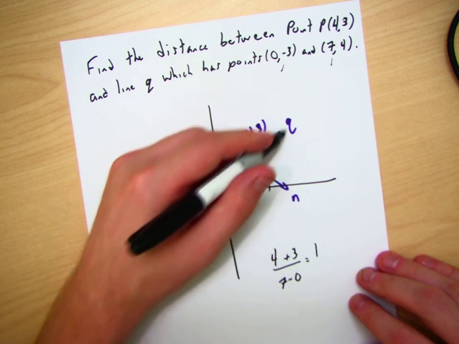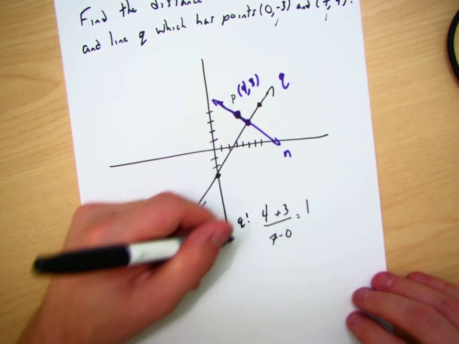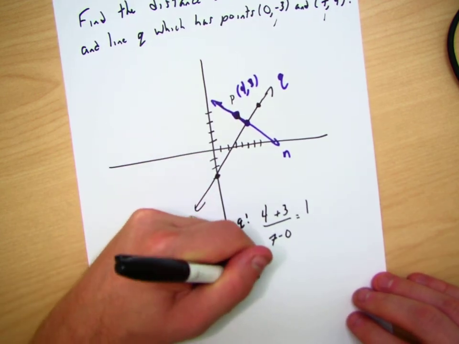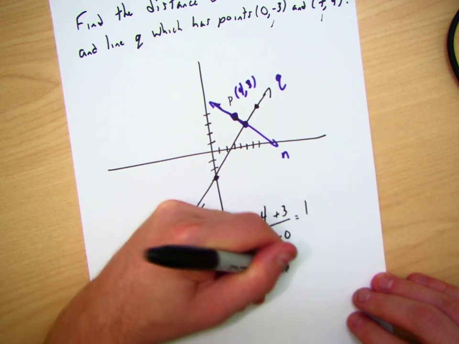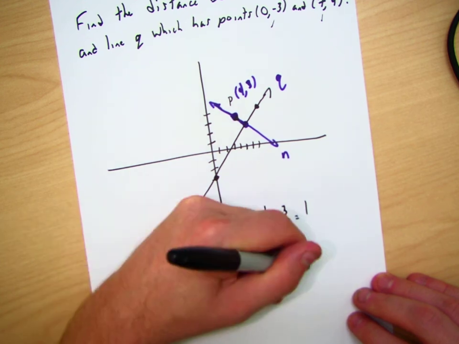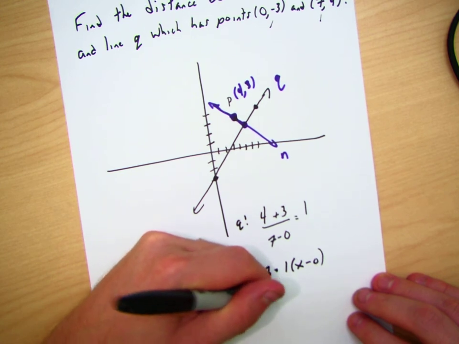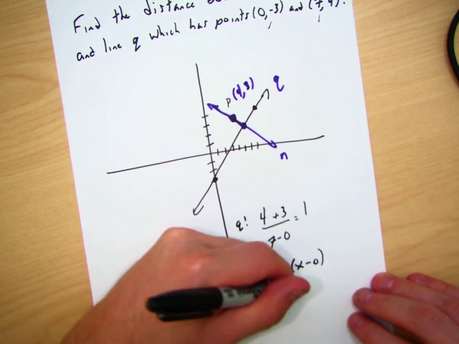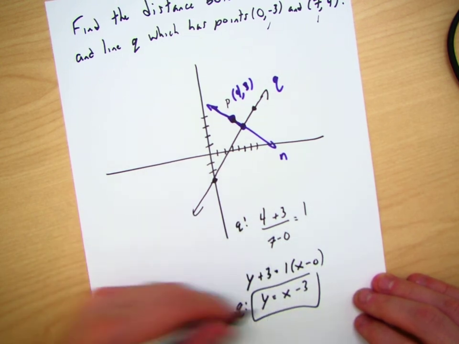And the equation of line Q: I'm going to pick this point and say y plus 3 is equal to 1 times x minus 0. In other words, y is equal to x minus 3. There's my equation for line Q.